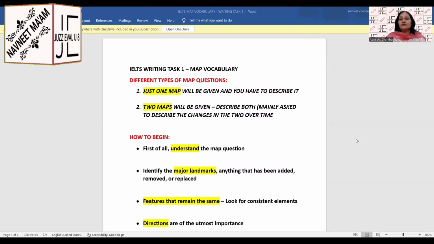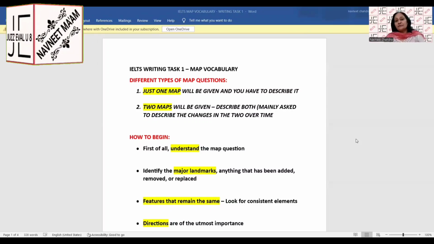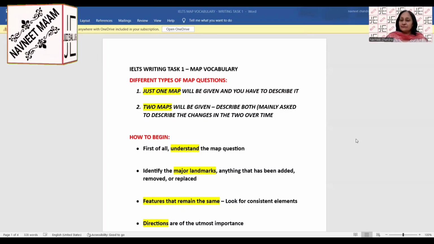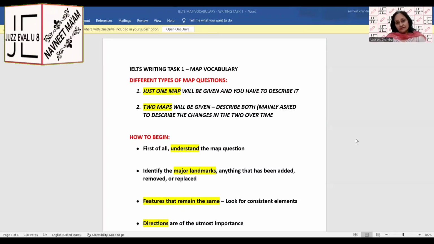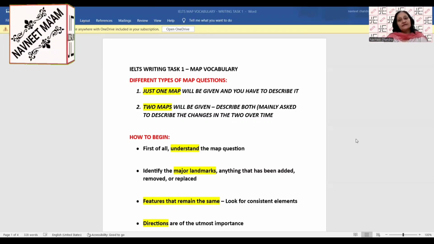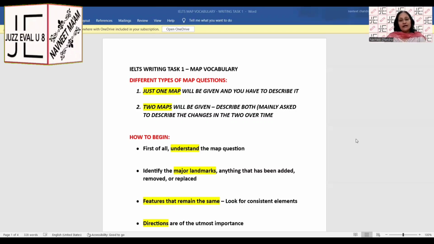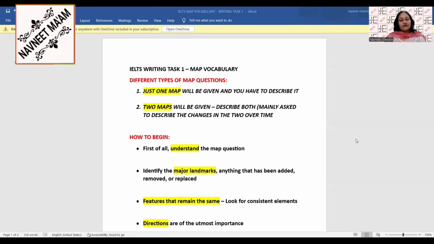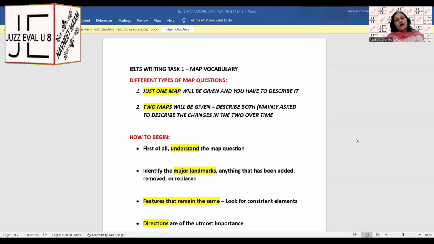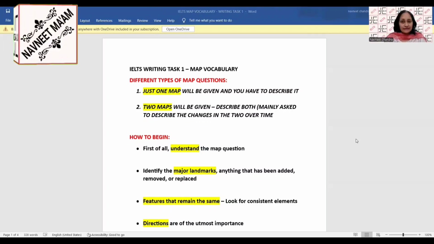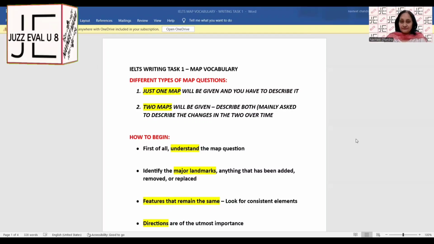Maybe it's talking about the past and the present, like what changes have come over in whatever is depicted in the map till date. Or it can be the present and the future, like one map can be of the present situation, say a present town, what are its major features, and how it's going to look in the future. So these are the two kinds of maps that generally come.